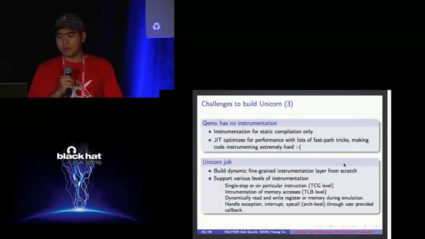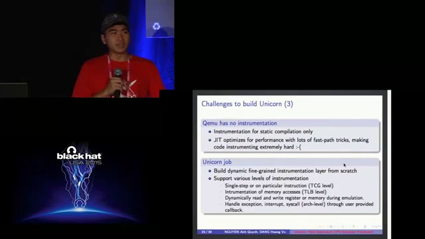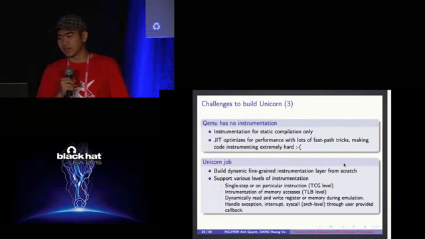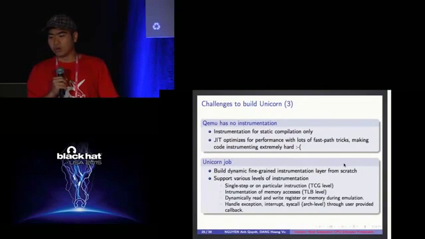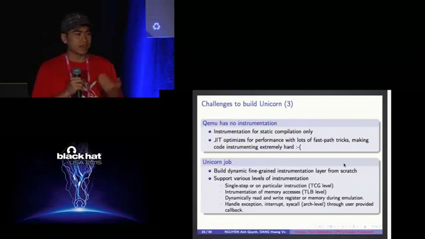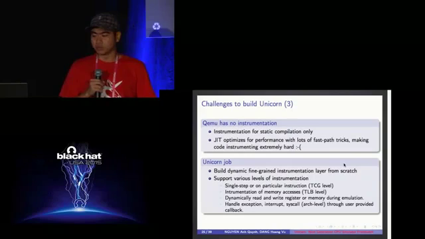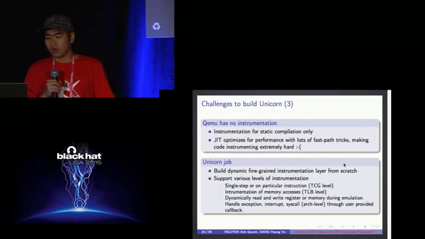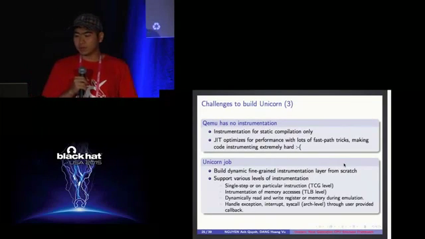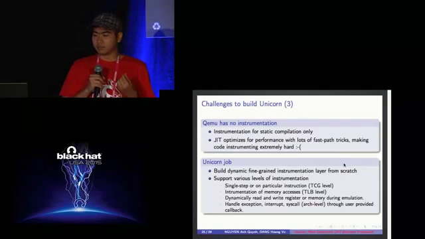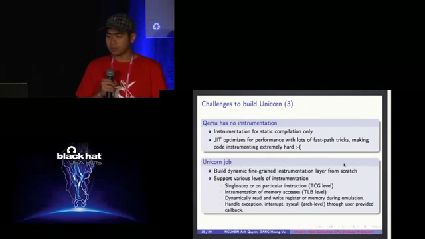Also, the JIT optimizer is very bad at this. It's used on the tricks, on the cleaning of the code, like dead code elimination. So if we just insert our instructions and then the JIT optimization cleans them out, we won't be able to work with it. So in this aspect, we write our instrumentation layers from scratch.